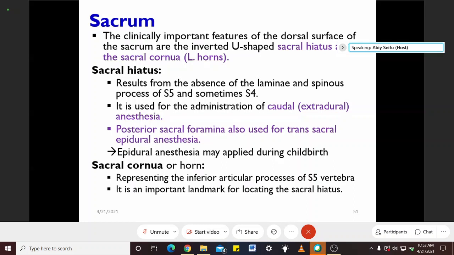And this sacral hiatus is clinically important for the administration of anesthetic chemicals, which is extradural or epidural anesthesia. Of course, the posterior sacral foramina are also used for giving epidural anesthesia.